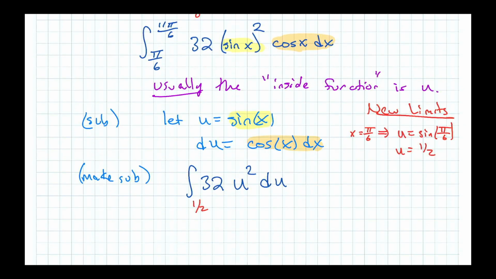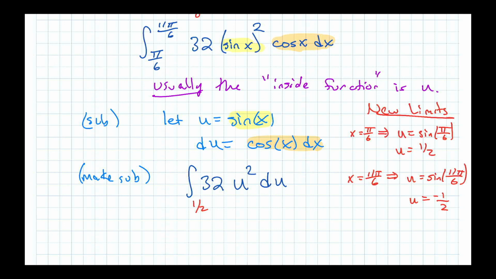And then you do the same thing for the top limit. So the top limit was x equals 11 pi over 6, which means u is going to be sine of 11 pi over 6. So you calculate that. I believe that's going to be negative 1/2, which again you can do on your calculator if you don't know it.